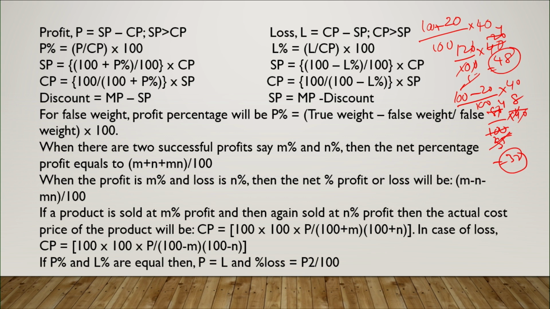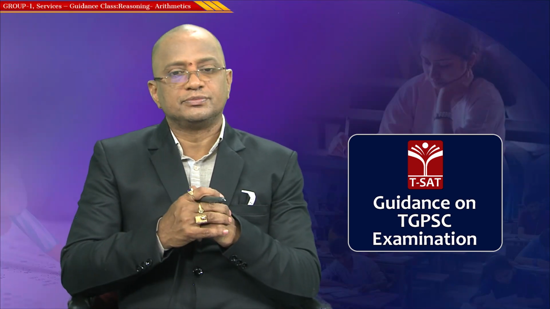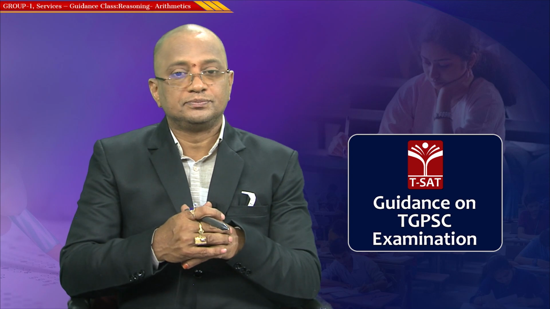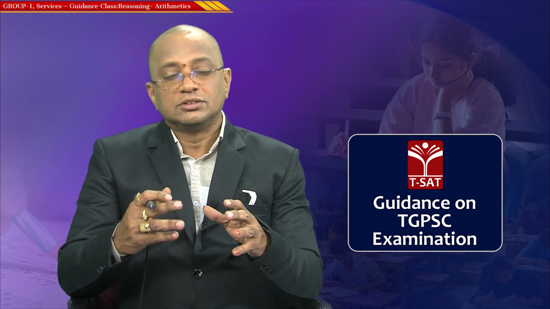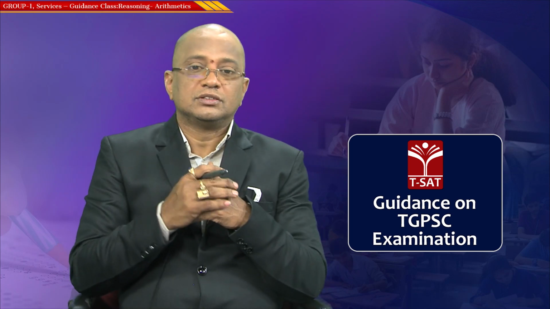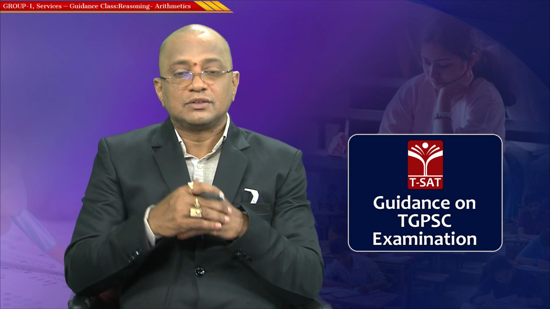For example, you purchased a television set for 25,000 rupees and sold it at 10% profit. Again, that person sold it at 15% profit. Then what is the total percentage of profit?